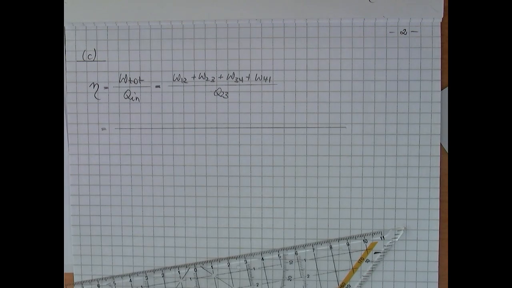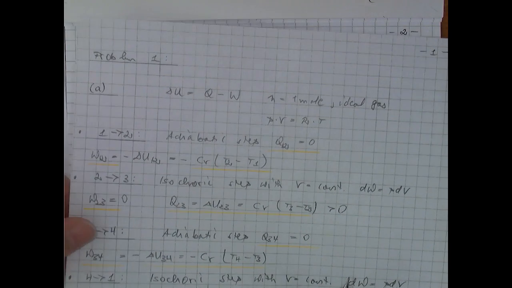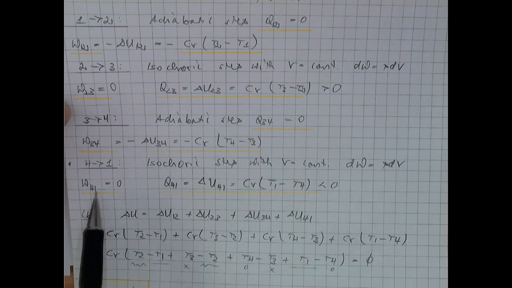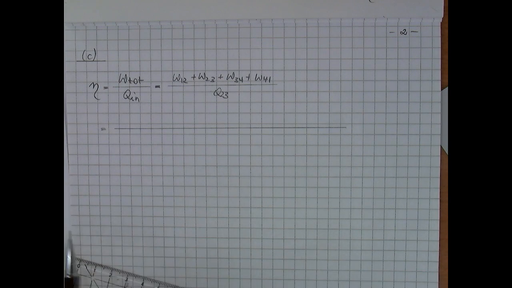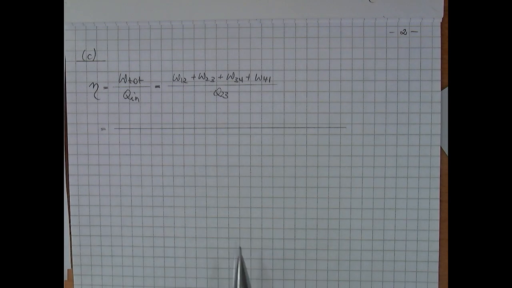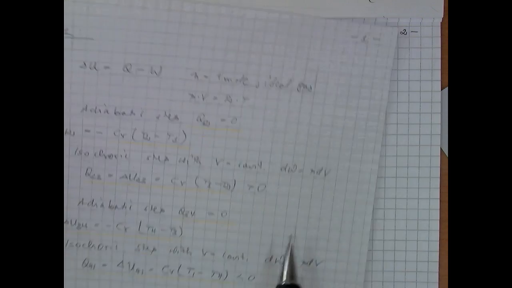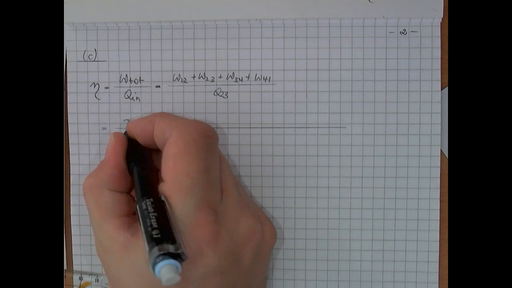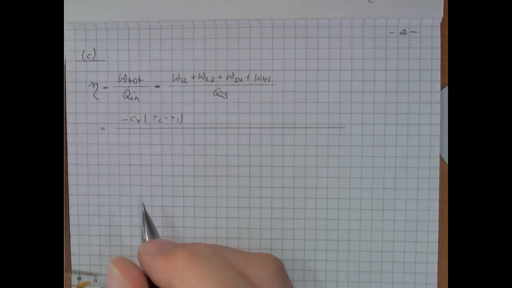And also here now, one thing which will simplify quite a bit is that there are two work contributions which are 0. Q23 is 0 and Q41 is 0. So therefore, what do we have? We have Q12, which is minus C4 T2 minus T1.